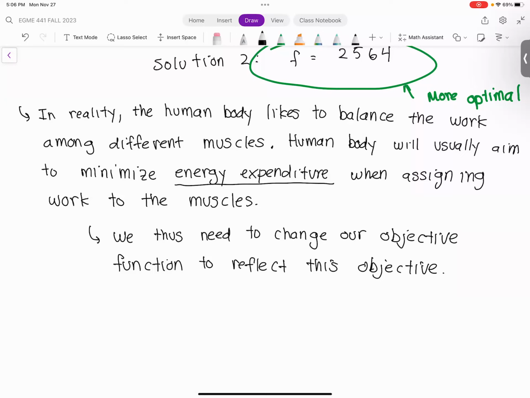Because now our objective is no longer minimizing the total amount of force. What we want to minimize instead is the total amount of energy.